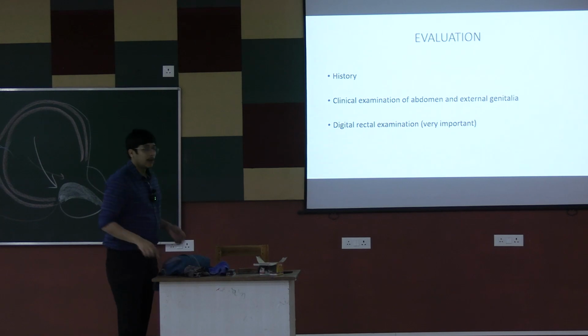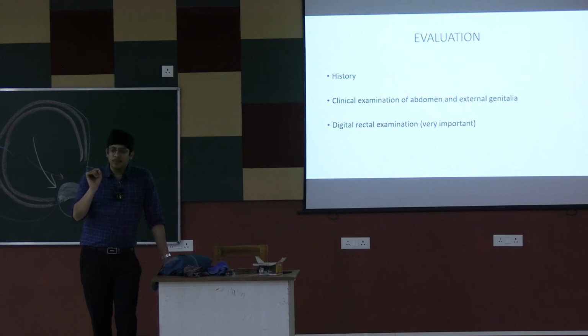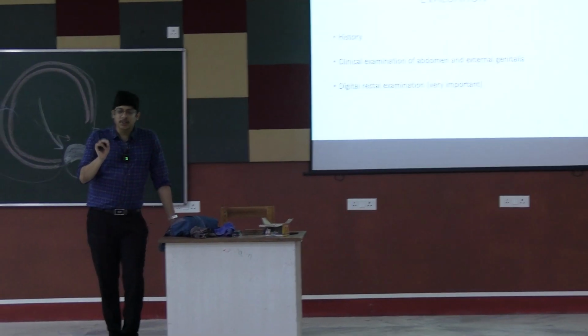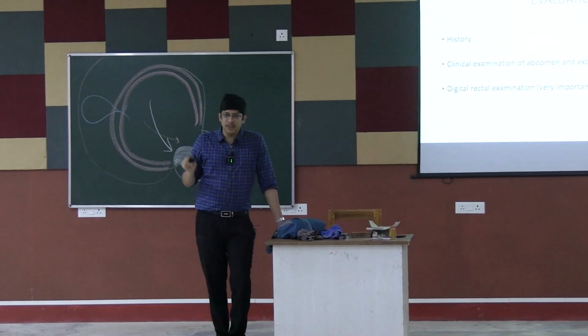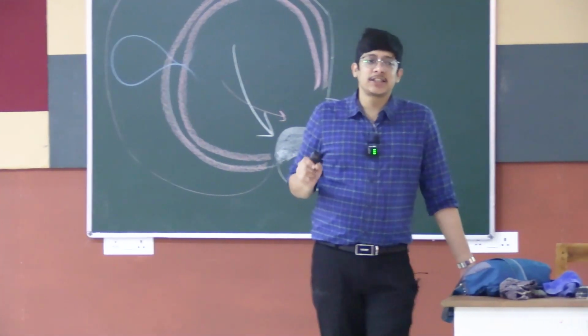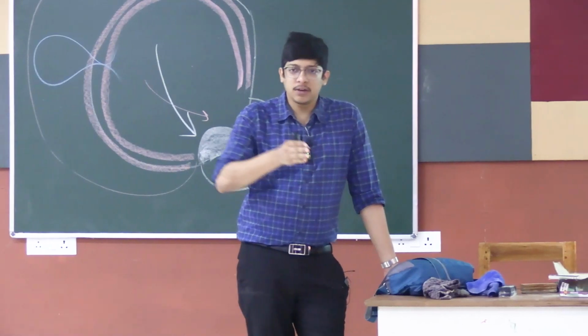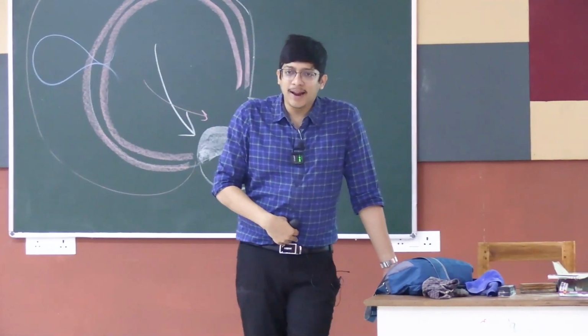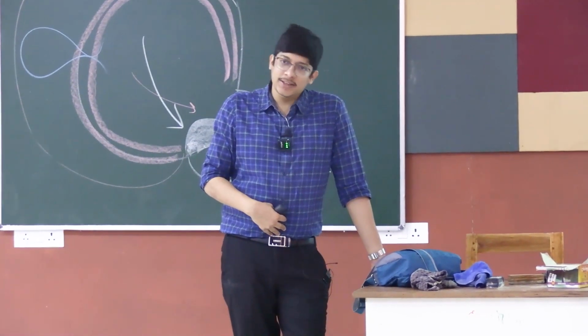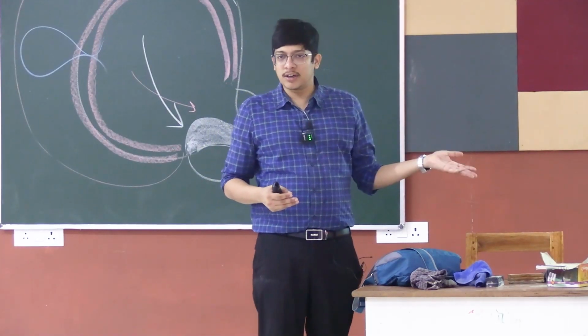So, we have to see whether the patient is having other features of outlet obstruction like phimosis, meatal stenosis, urethral stricture, anything of this sort which can also lead to a similar outflow obstruction. And two, we have to look for signs and symptoms which suggest this outflow obstruction is severe, mild, moderate. So, a patient with a full bladder suggests that he or she is suffering from either acute or chronic retention of urine.